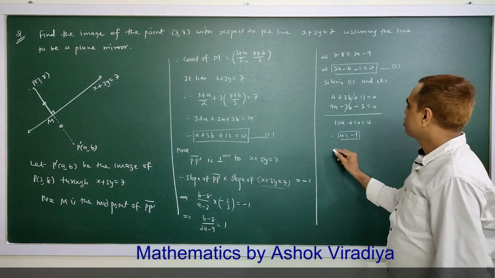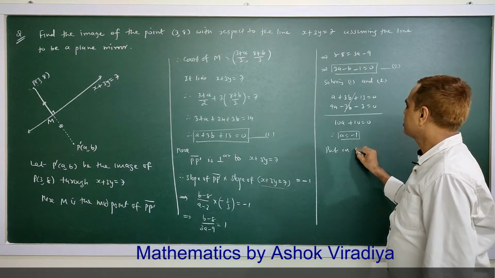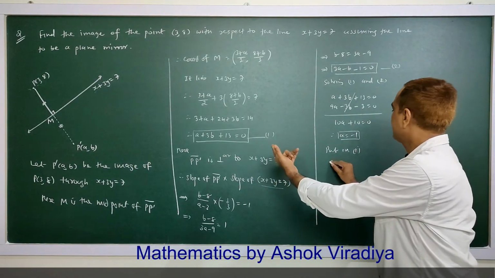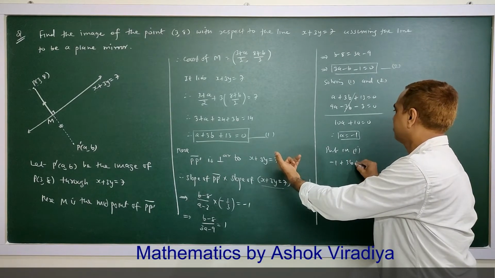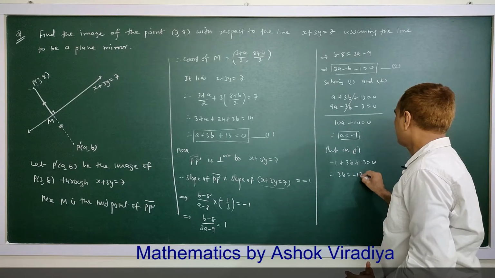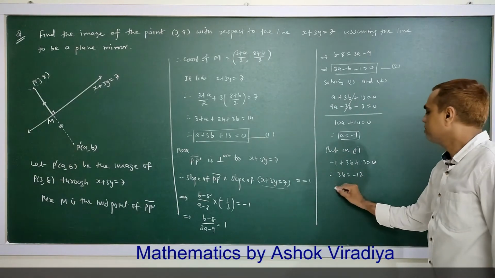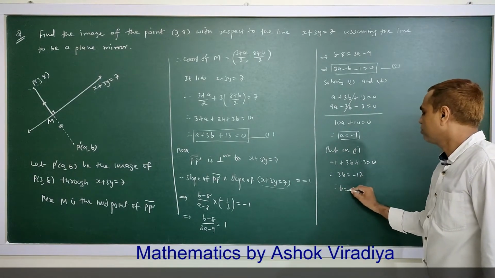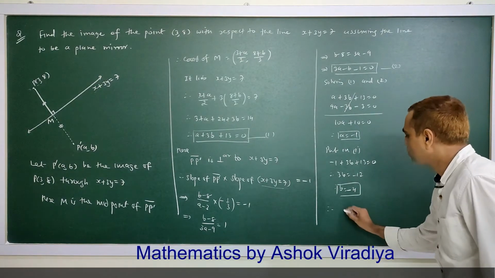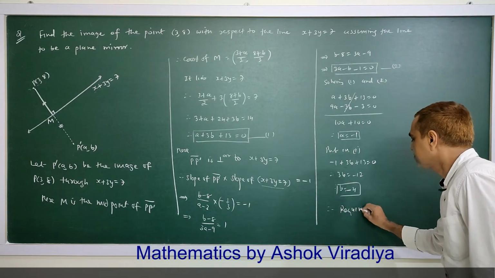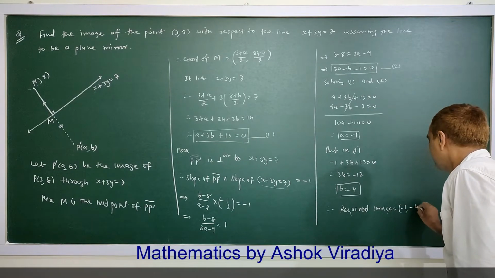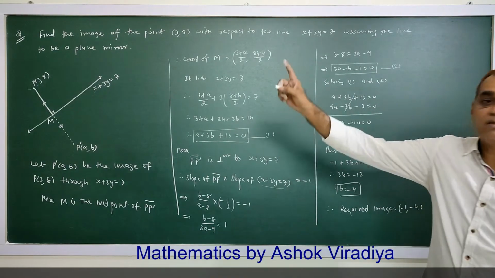Putting a = -1 in equation 1, -1 + 3b + 13 = 0, so 3b = -12, so b is -4. Therefore the required image of the given point (3, 8) is (-1, -4).